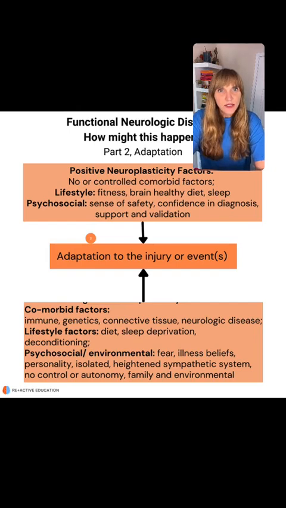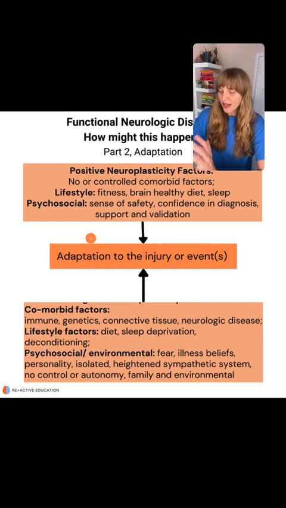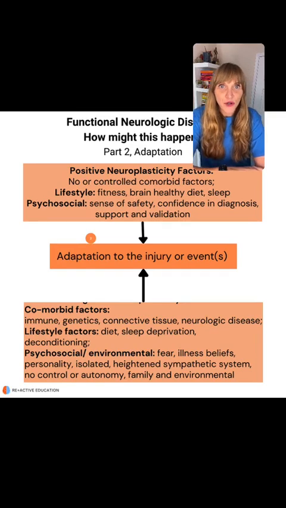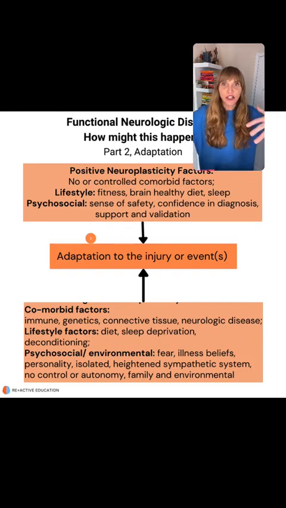So then the question is, why might some people have this initial event or accumulation of events and actually develop a functional neurologic disorder? Now, we don't know for sure. And actually, it's likely many different ways that this occurs. Not that there is one way. But one thing that we know is that there are factors.